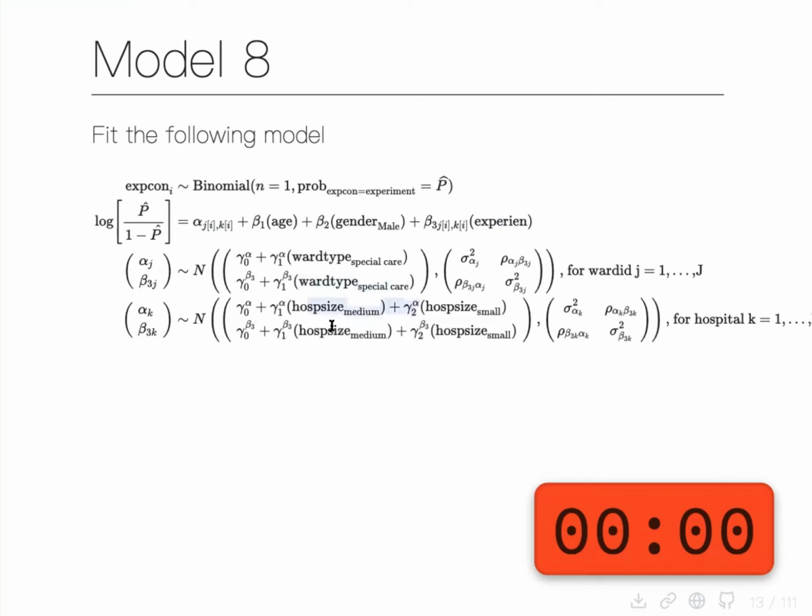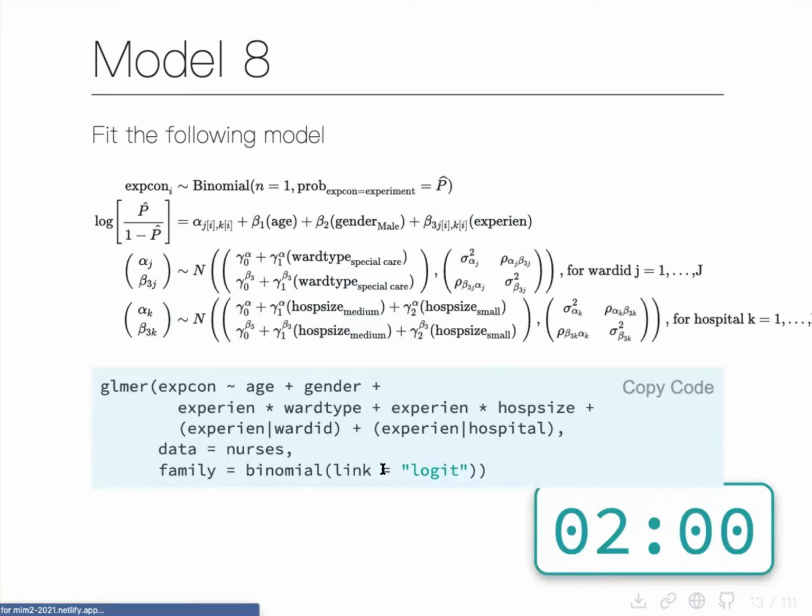We have hospital size as a main effect, but also as a predictor of beta 3, the experience slope. So that's going to end up looking like this: age and gender, then experience times ward type, and experience times hospital size. For our random parts, we have alpha j and beta 3. So alpha j is our intercept, beta 3 is experience, and that's randomly varying at the ward ID and hospital levels.